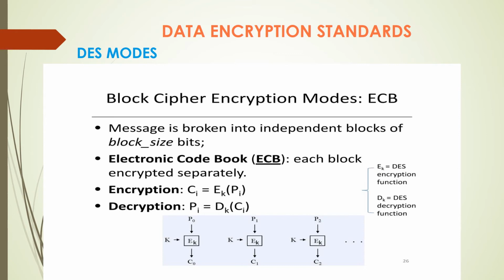Next, ciphertext block 2 will be given as input to the decryption algorithm using the key. The output will be plain text block 2. So this will happen for all the blocks. So encryption as well as decryption takes place by using blocks.